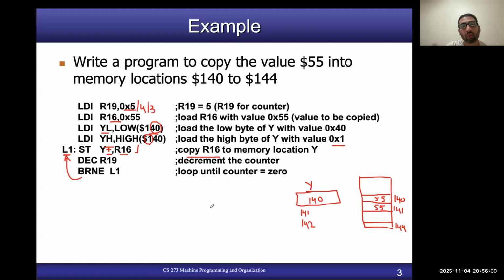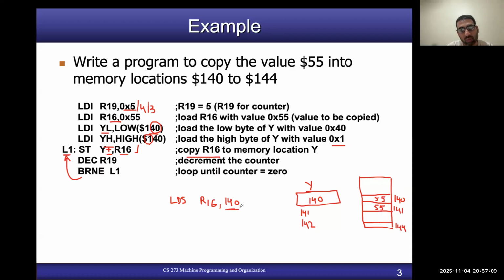In direct addressing mode, if you remember, we said we load from data memory statically. You specify a register, let's say R16, and then you specify an address, let's say 0x140. Since this is a constant address, you cannot run a loop and increment this address in every iteration.